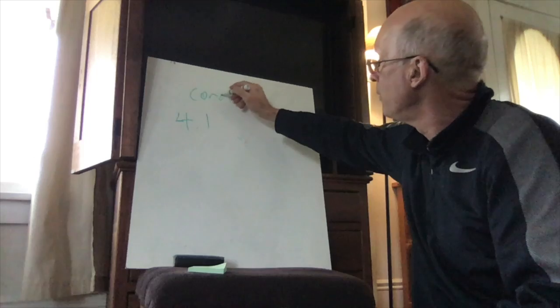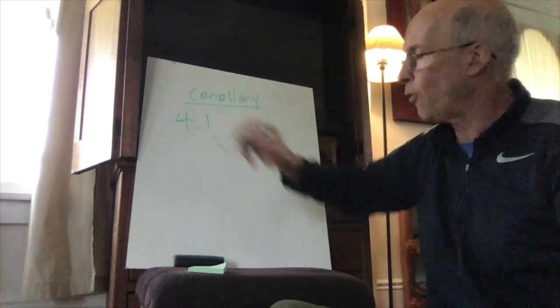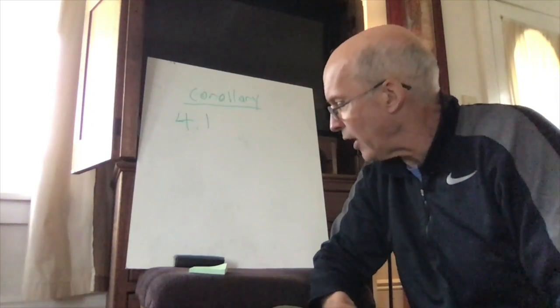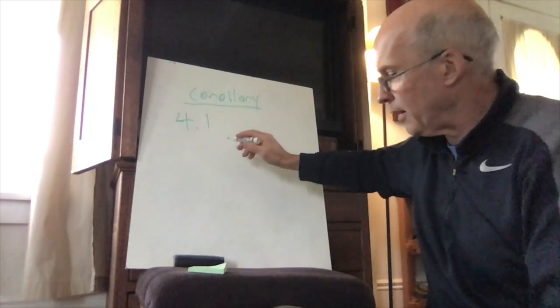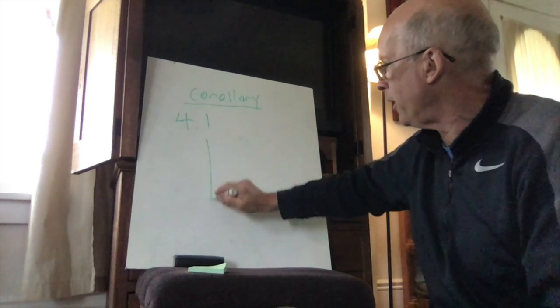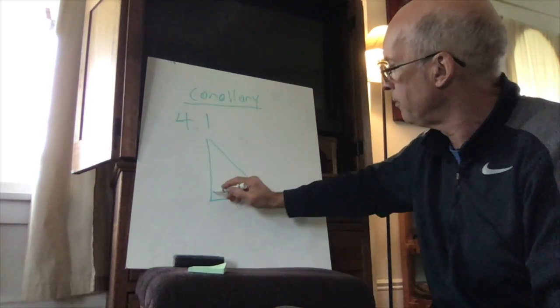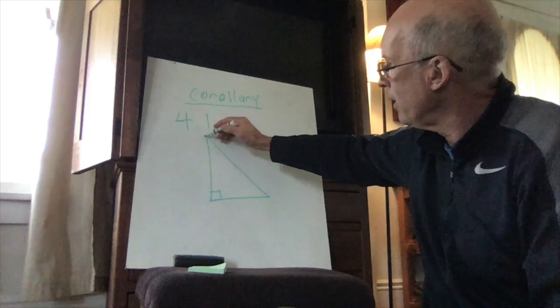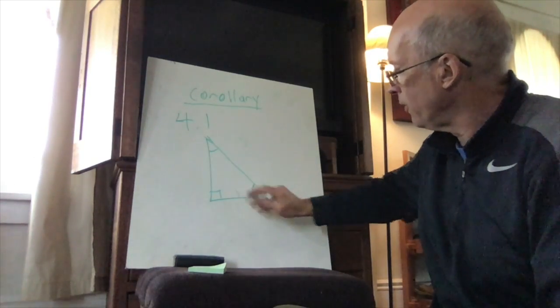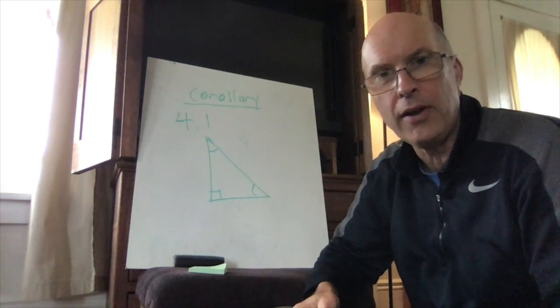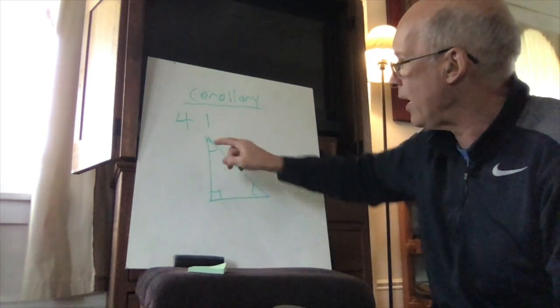Corollary 4.1 says that if you have a right triangle, that these two angles, the ones that are not the 90-degree angle, are complementary.